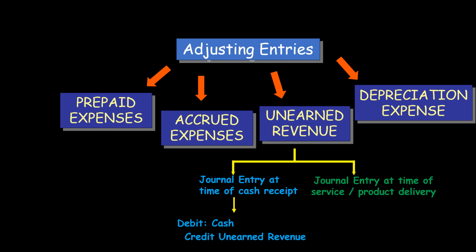So when it does provide the product or service to the customer, we are going to credit our revenue, be it sales revenue or service revenue, and that will decrease our obligation to the customer, which means we are going to debit unearned revenue. That was about unearned revenue.